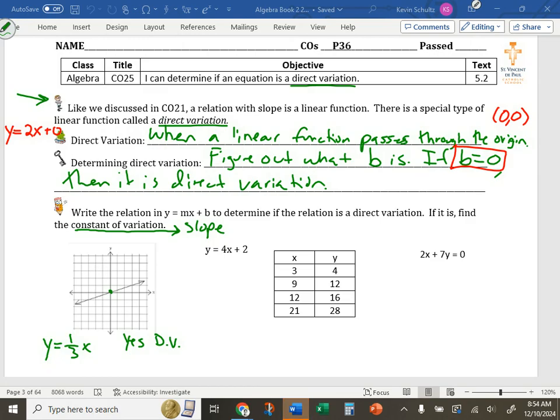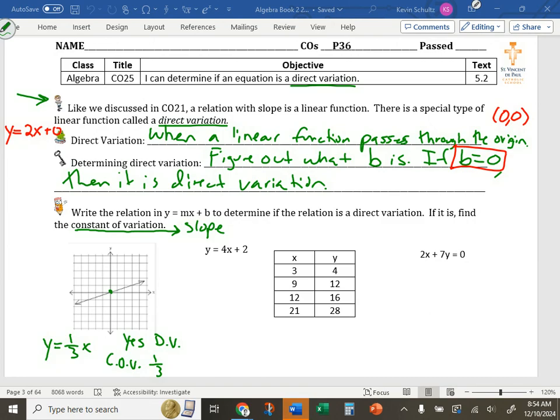So yes to direct variation, the constant of variation, which is just a really fancy way to name slope, is 1 third. Which means that whatever x is, you take 1 third of that, you get y. You don't have to add anything or subtract anything. How are we doing so far? Fine. Alright, next one.